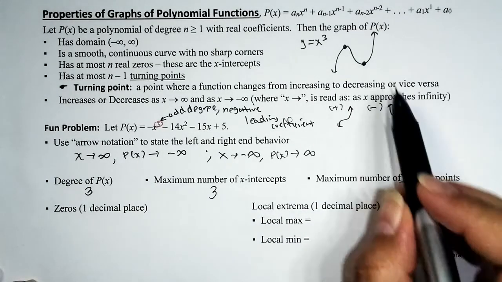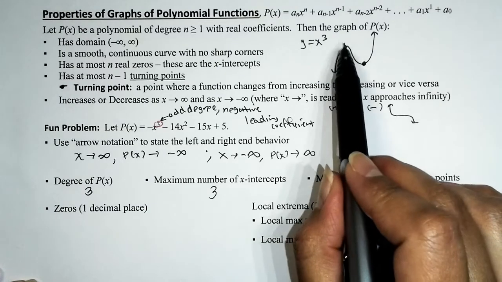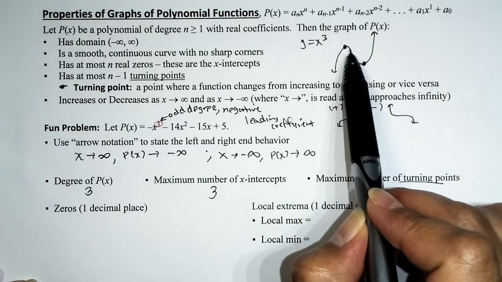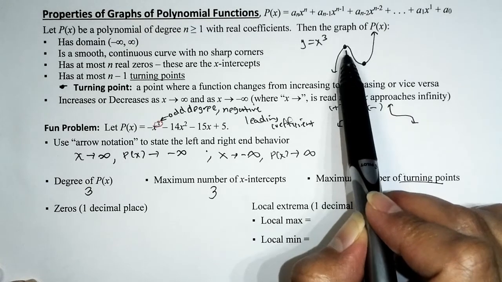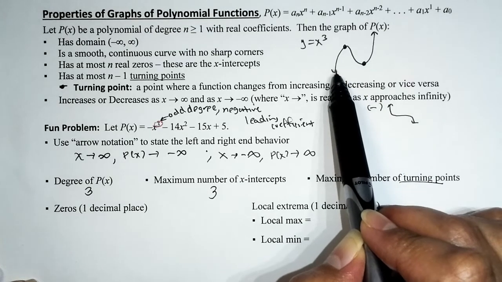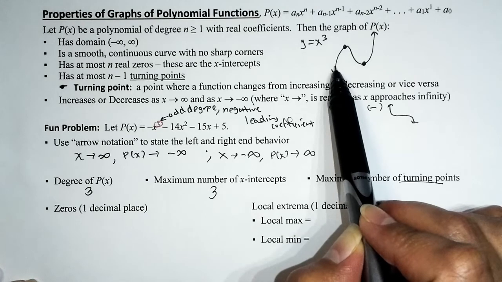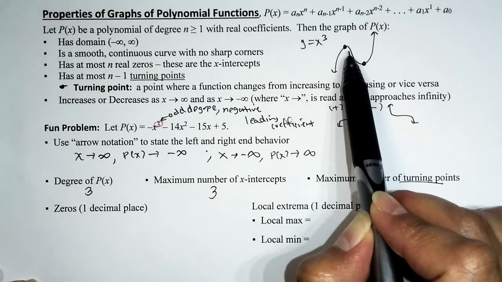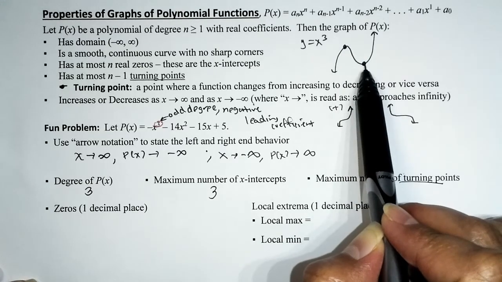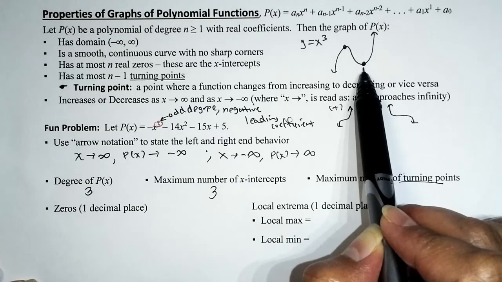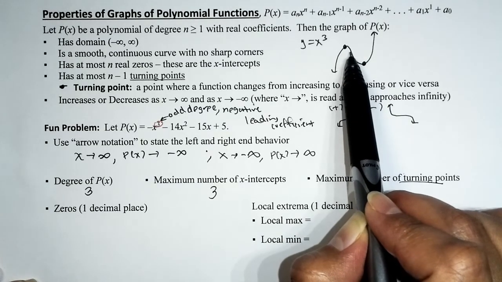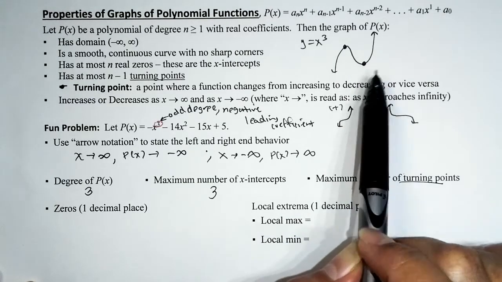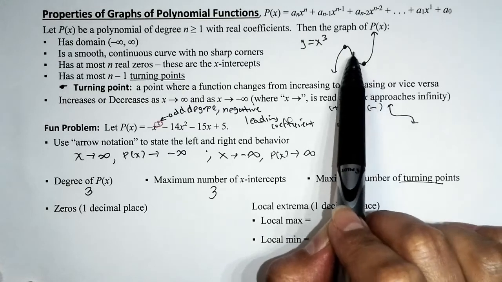The turning point is a point where the graph changes from increasing to decreasing and vice versa. So in this case, the reason why this high point is a turning point is because when we were looking at this from left to right, the function value was increasing, and then we switched it to decreasing. So turning point. At this point, this low point, why is it a turning point? Because we were decreasing, and at this point we changed to increasing. But like in English, the turning point is like all those high and low points.